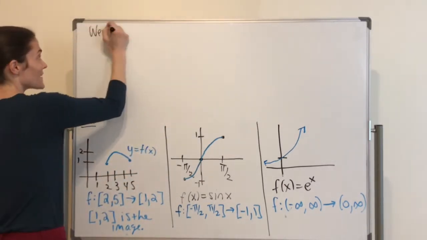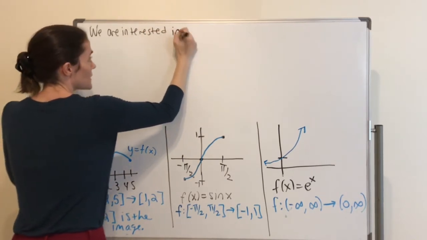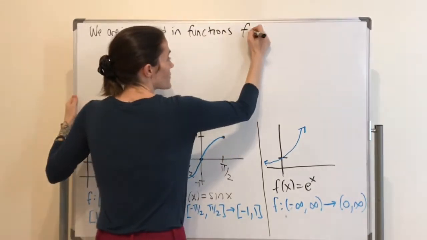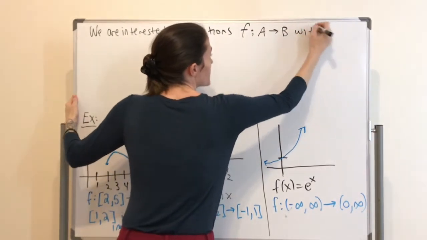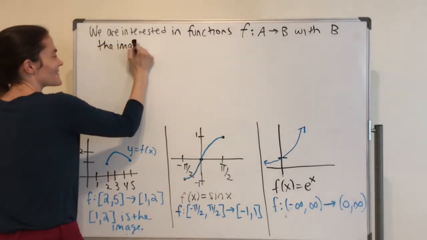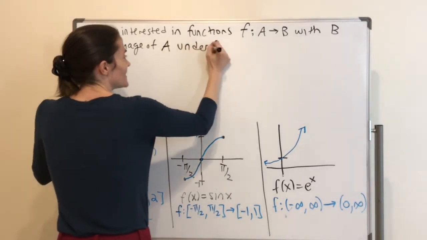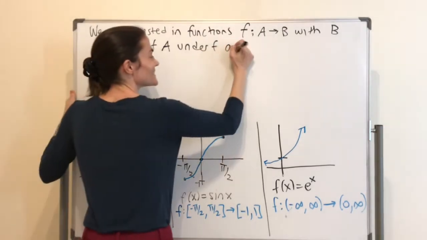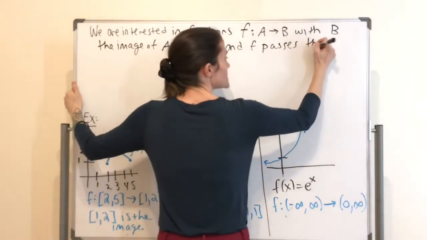We are interested in functions f from A to B, with B the image, and f passes the horizontal line test.